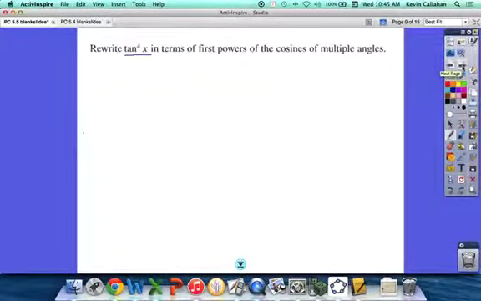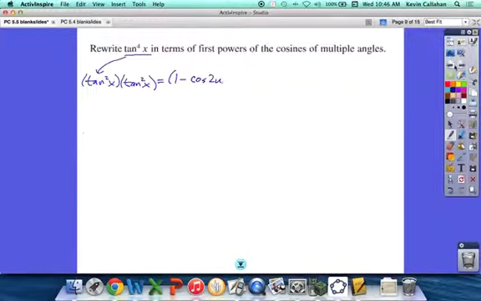Yeah, this is tan squared x times tan squared x. So we're going to substitute twice. Just remember, it's the 1 minus in the numerator. So this is 1 minus the cosine of 2u.